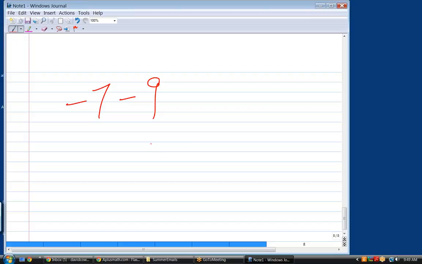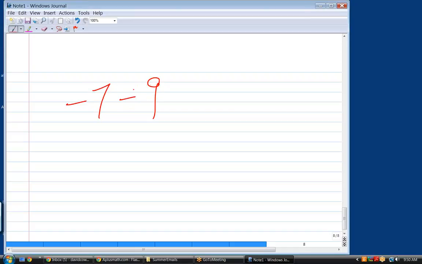Turn it into an addition problem. This is the subtraction sign. That's a negative sign there. That's not a subtraction sign. That's why this problem causes confusion for people. You need to figure out what is the subtraction sign. What we really have here is a negative 7 subtracting a positive 9.